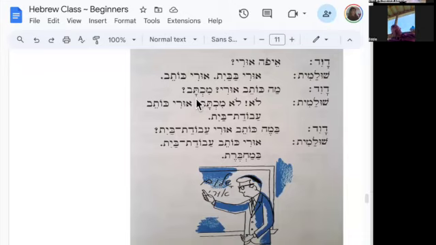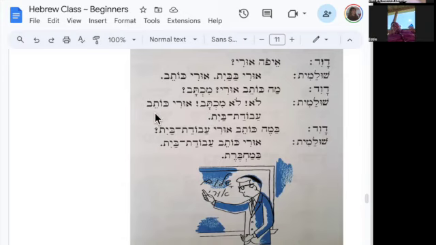Miktav. Yeah, let's read it again with question marks. Makotev Uri miktav? What is Uri writing? A letter? Shulamit: Lo michtav.